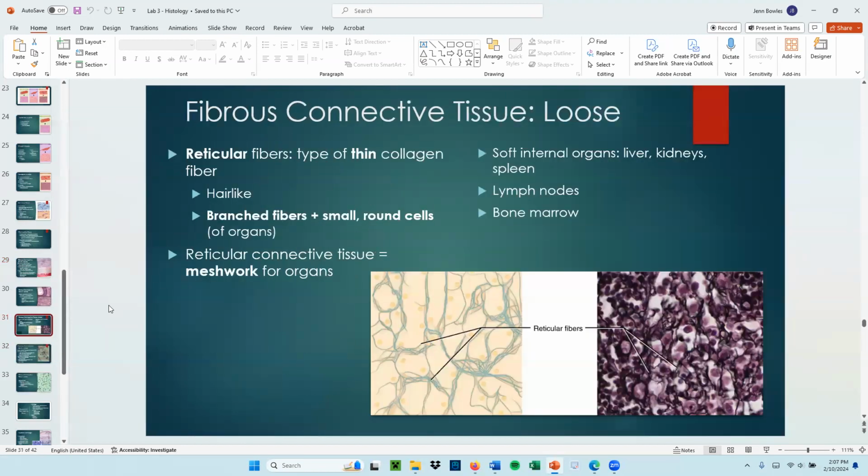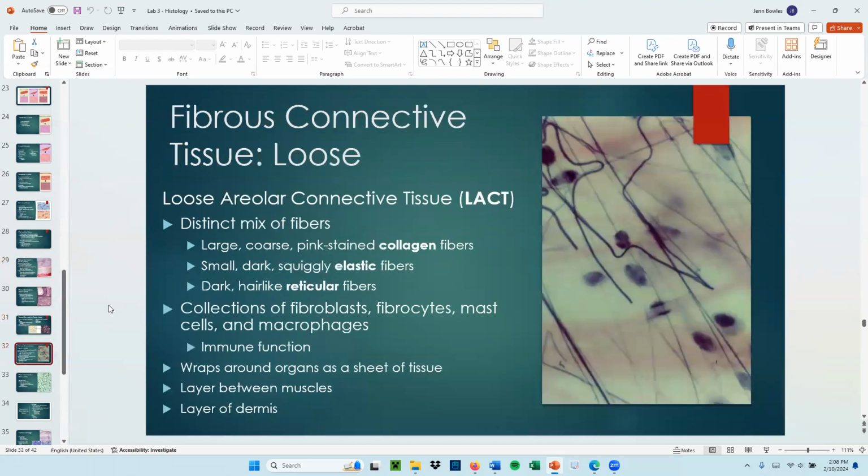So I talked a little bit about reticular connective tissue, but I did mention in class, this guy is associated with organs. So we don't really see it isolated on its own. We don't have a great microscope slide example in class, so it's hard to ask that one on the exam. But things like our loose areolar connective tissue are very distinct.